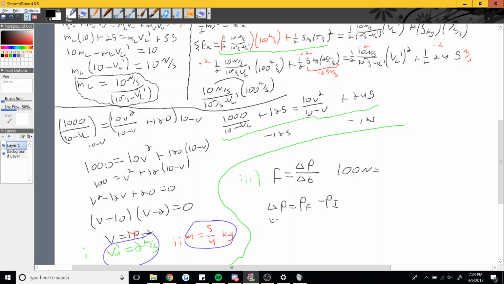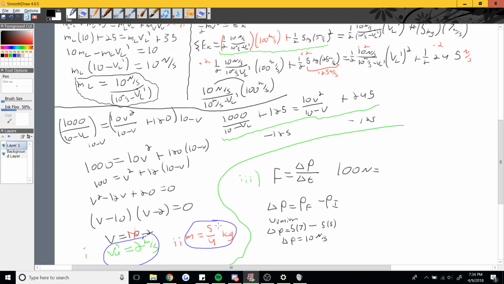For uranium, the change in momentum was, mv, 5 times 7 final, because that's the final velocity, minus 5 times 5, which is the initial. So delta P equals 10 newton seconds.